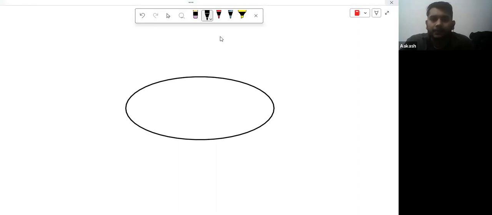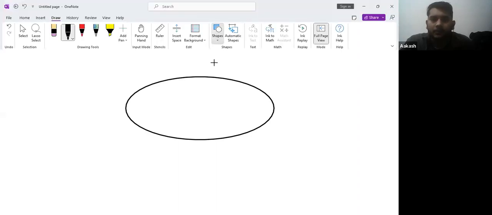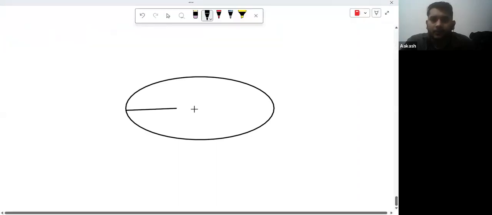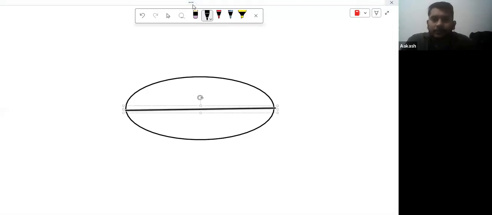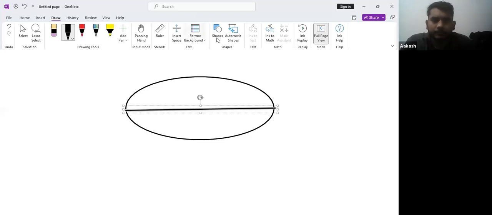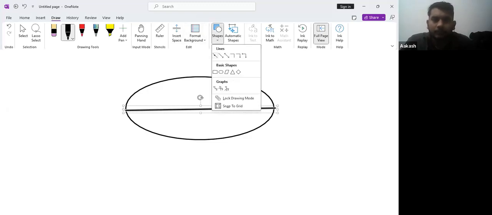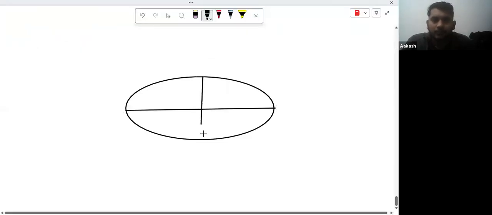This is an ellipse. This is the major axis. This is the minor axis.